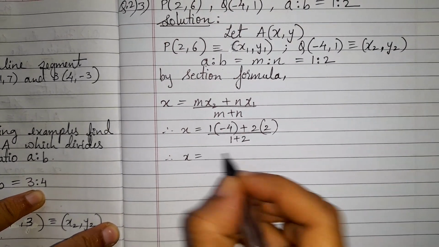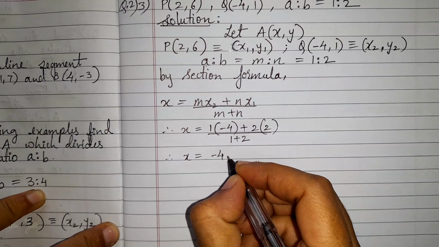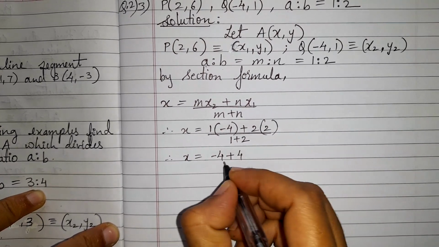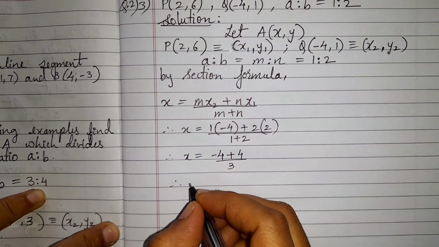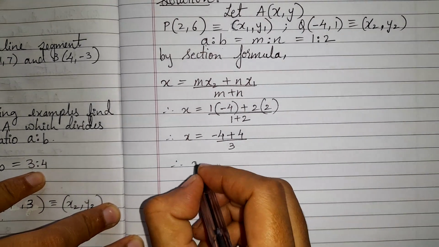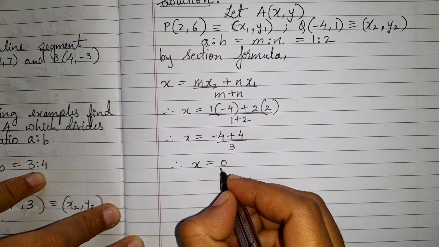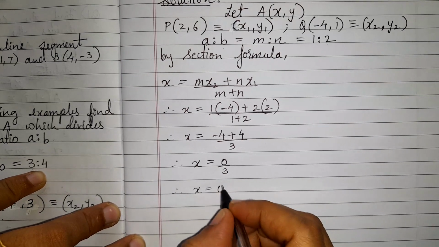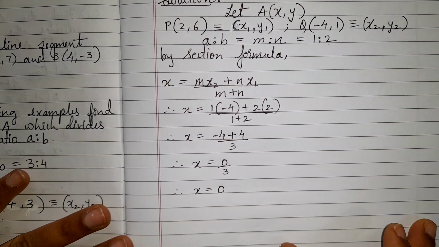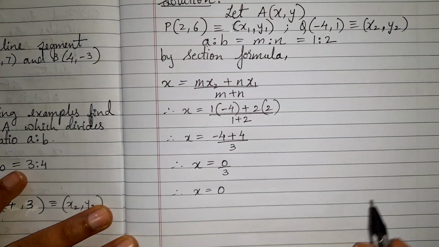Therefore, x equals to 1 into -4 is -4 plus 2 2s are 4 by 1 plus 2 equals to 3. Therefore, x equals to -4 plus 4 we get 0 by 3. Therefore, x is equals to 0. 0 divided by any number, the answer is 0.